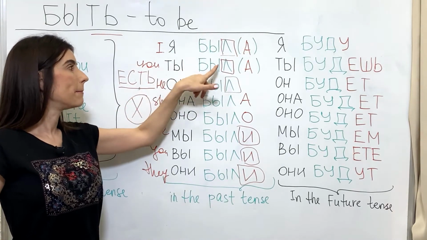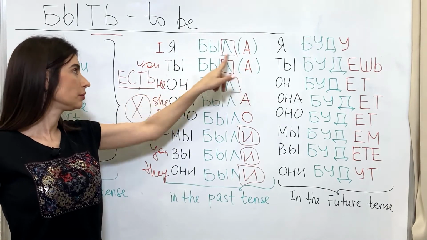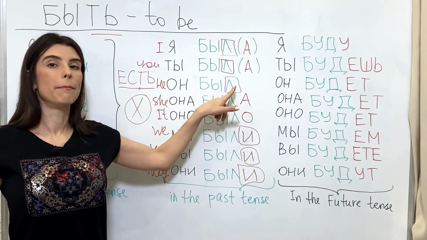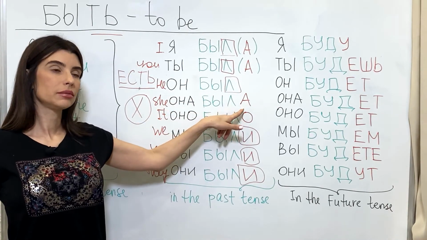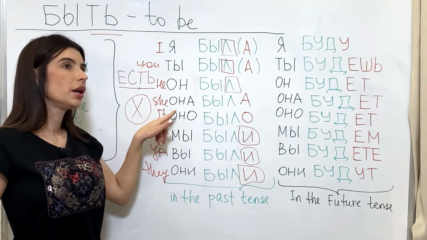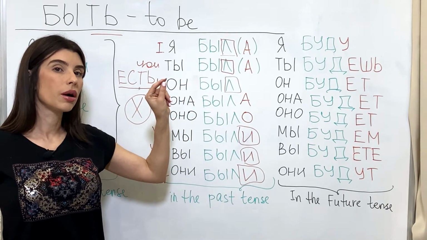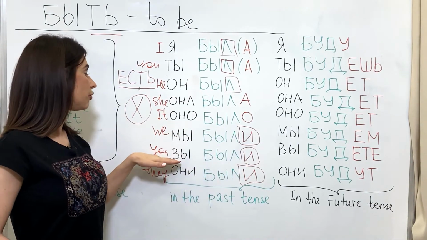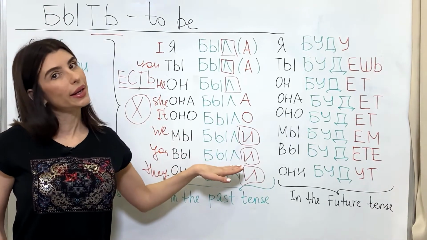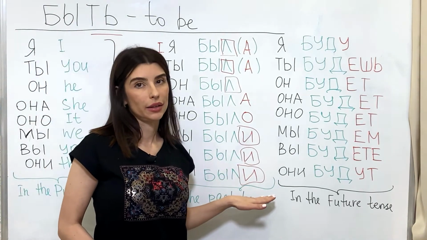Ты был, or ты была. Он был, она была, оно было, мы были, вы были, они были.